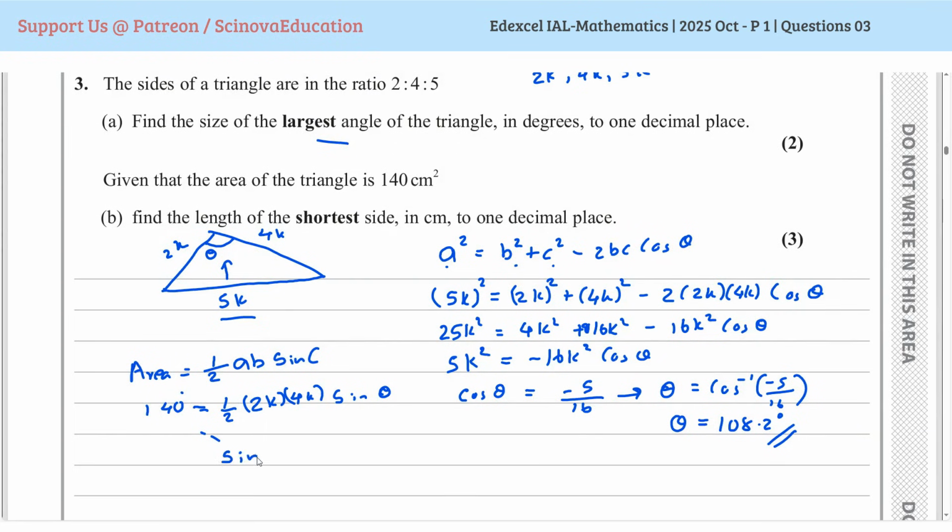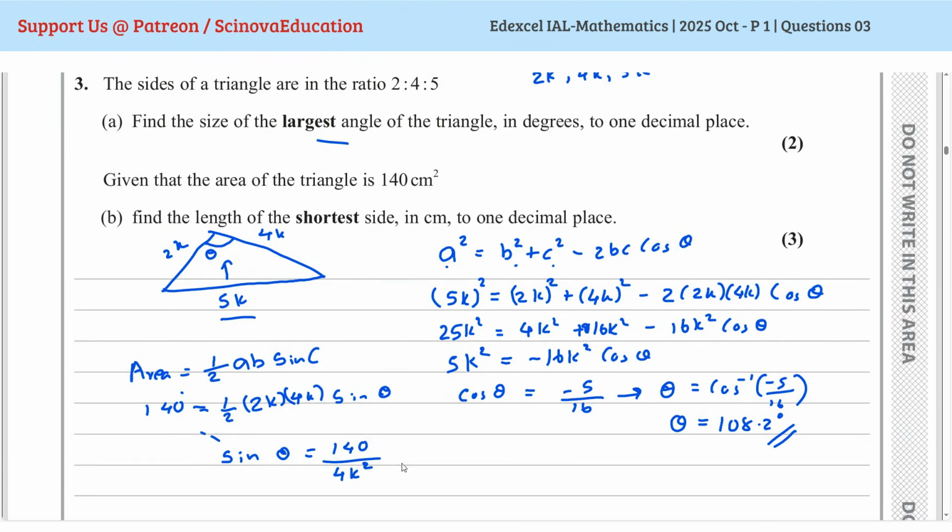From this relationship, we can find that sine theta is equivalent to 140 over 4k squared.